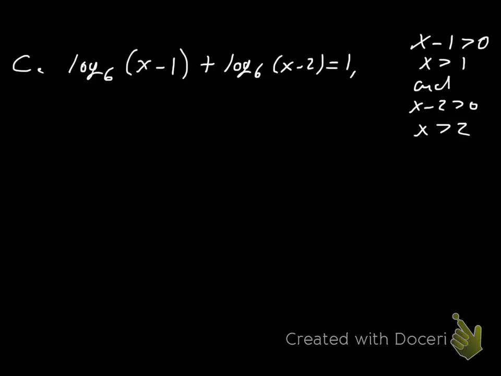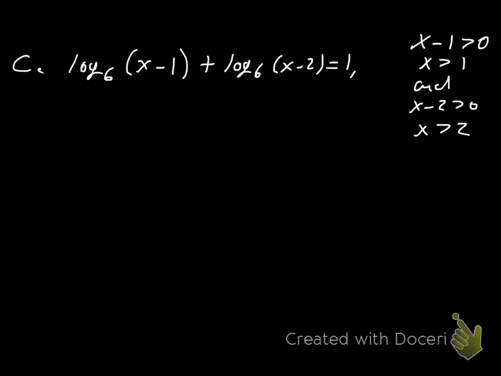And log base 6 of x minus 2, the argument there is x minus 2, and that has to be greater than 0. So that gives me the restriction that x has to be greater than 2. So we have to be bigger than 1 and bigger than 2. So bigger than 2 is more restrictive, and that's what we're going to base our test on. It has to be larger than 2.